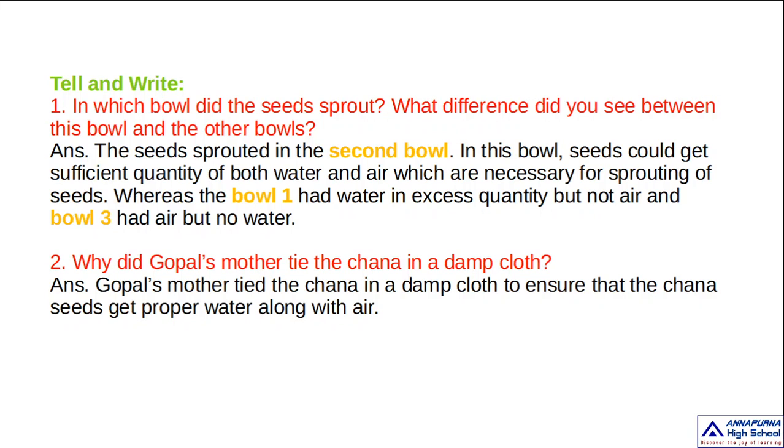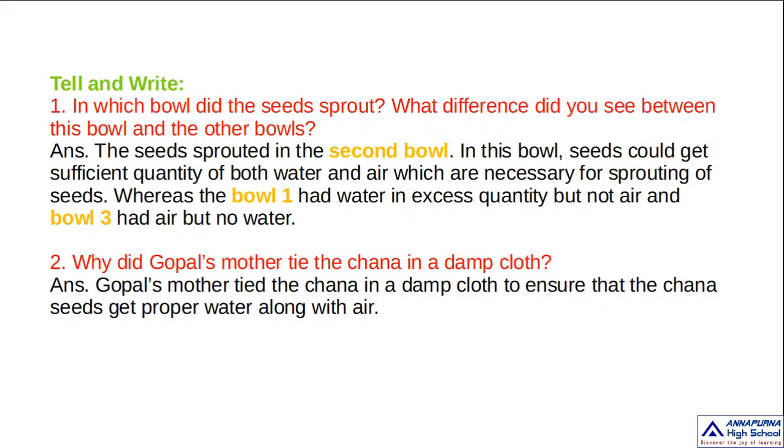First question. In which bowl did the seeds sprout? What difference did you see between this bowl and the other bowls? So the answer is, the seeds sprouted in the second bowl.